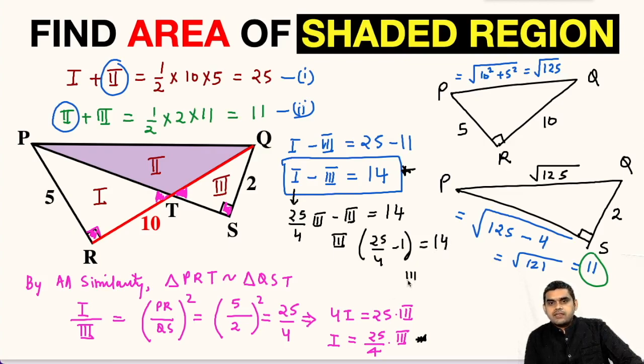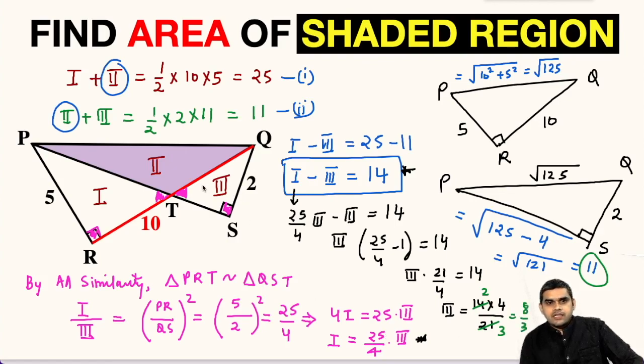So this will be area of third triangle multiplied with 21 upon 4 equals 14. So area of third triangle can be written as 14 multiplied with 4 divided by 21. Let us cancel this by 7. So 3 times, 2 times. So this will be 8 by 3. So area of this third triangle is 8 by 3 square units.